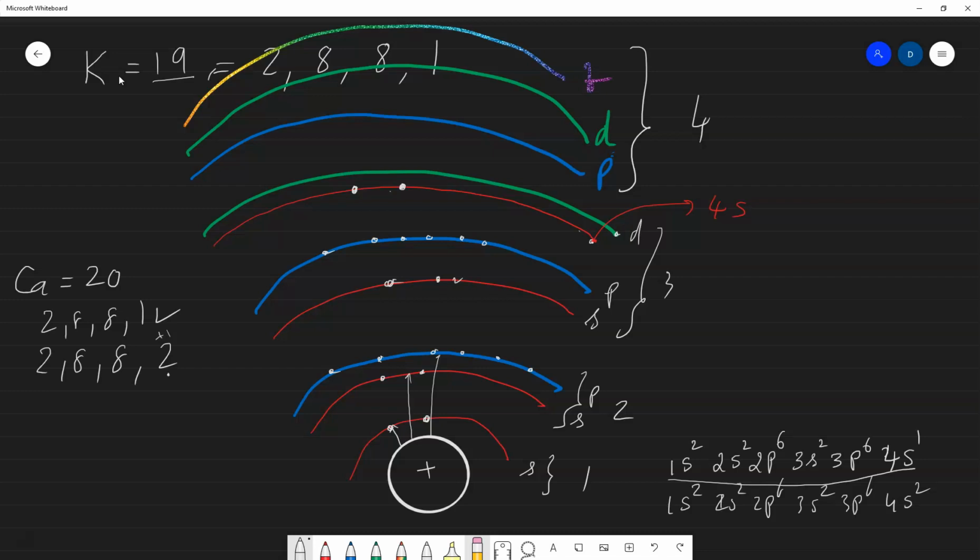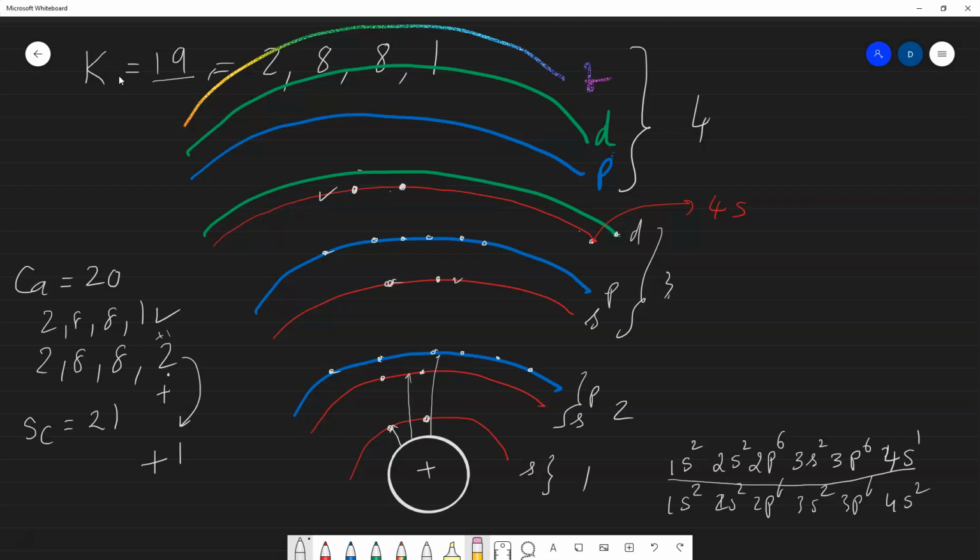Now go to the next one. Next is Sc, scandium, which has atomic number 21. So this is one more than calcium. We have to fill just one extra electron. Where does it go? What's the next subshell near to the nucleus? We have done this full, so next we are going to the D subshell of level 3.